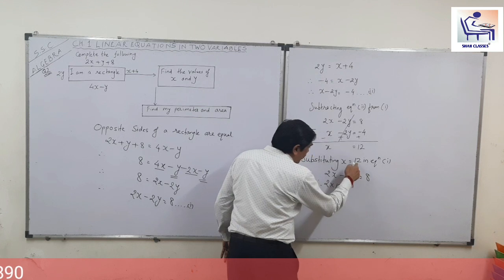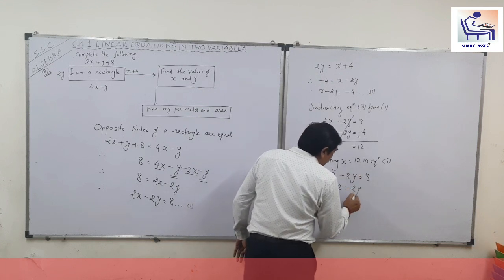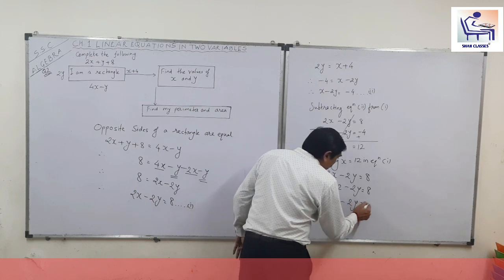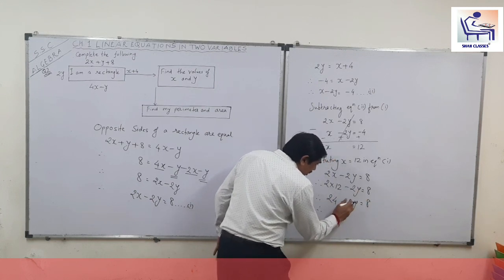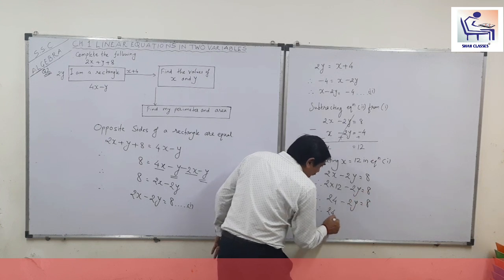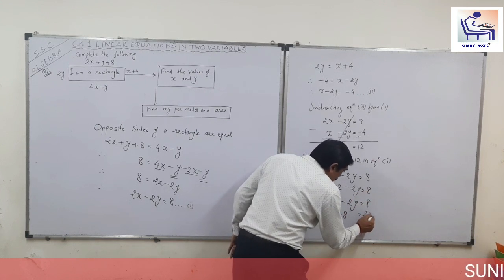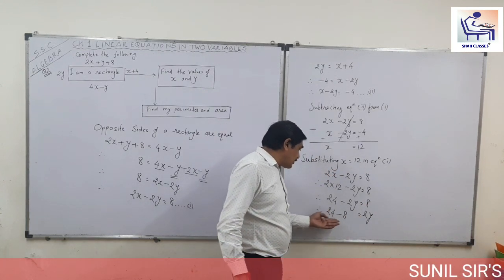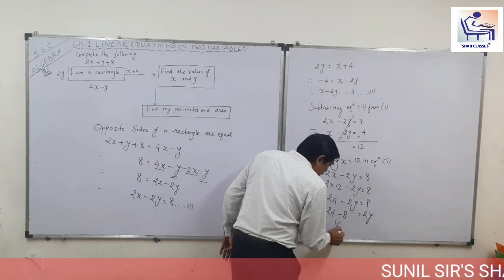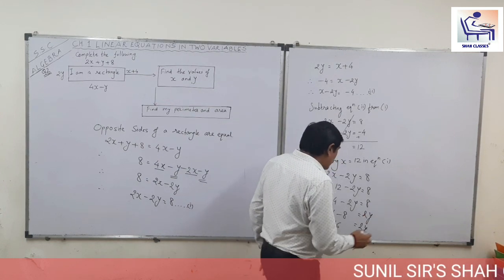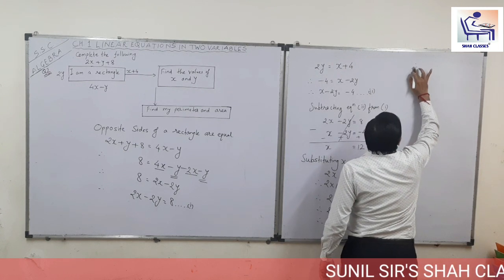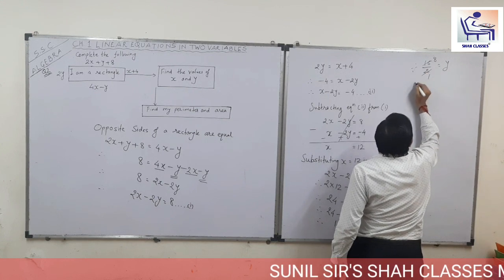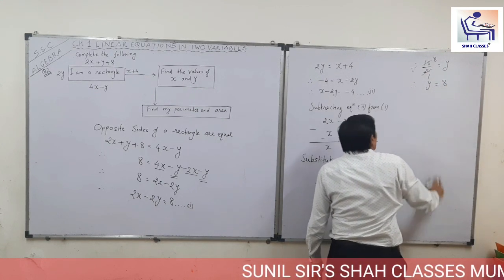2 into 12, the value of x, minus 2y is equal to 8. 12 twos are 24, minus 2y is equal to 8. So here we are transferring the 2y on the other side, so 8 becomes negative and 2y becomes positive. 24 minus 8, you will get 16 is equal to 2y. So y is equal to 16 upon 2, that is 2 ones are 2, 2 eights are 16, so y is equal to 8.